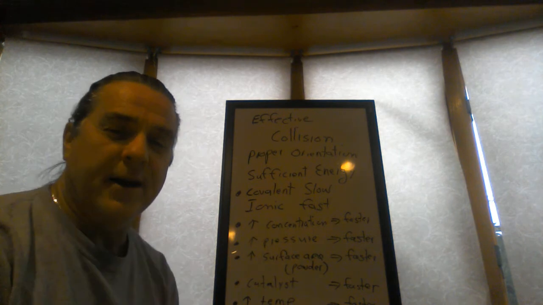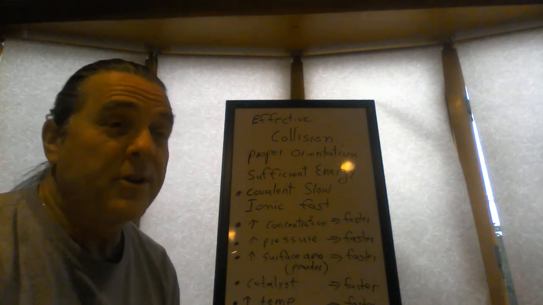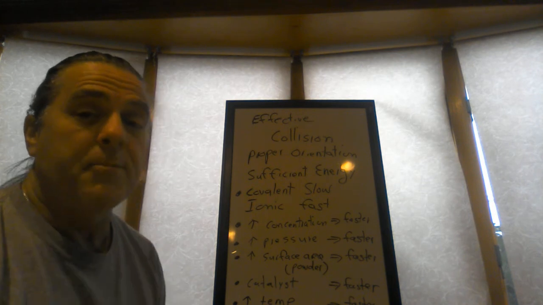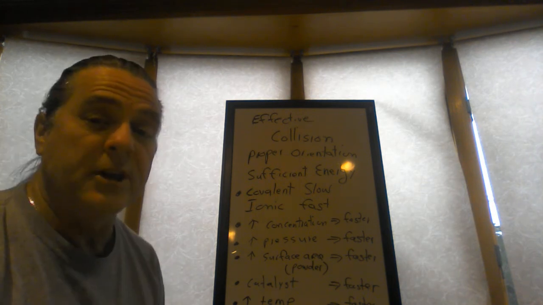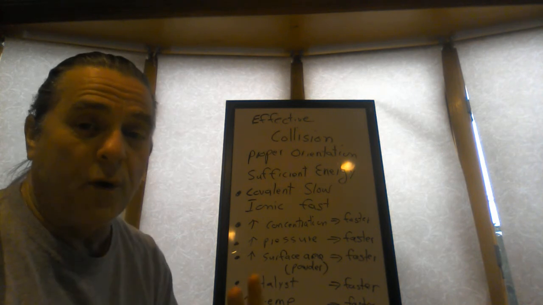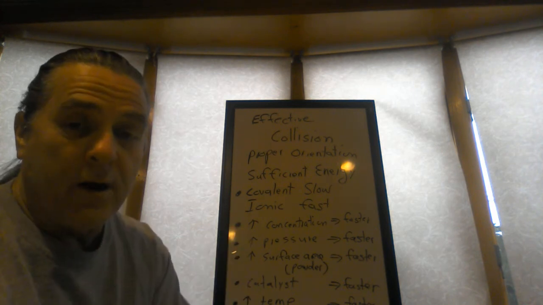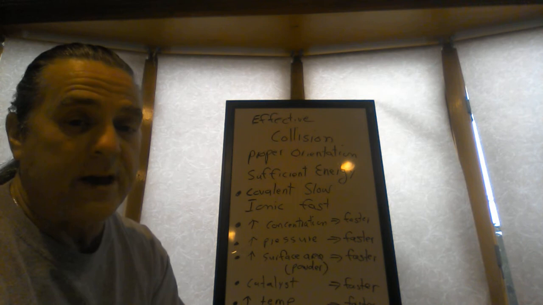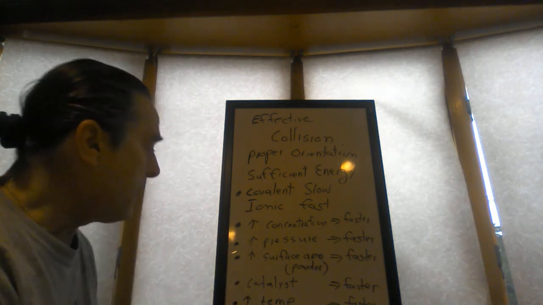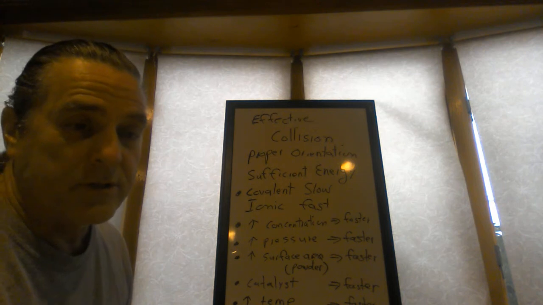Very good. So when particles are moving faster, they can collide more often. If they can collide more often, the probability of an effective collision increases. Not only that, there's a frequency factor. It's twofold. You have a greater number of collisions if they're moving faster. So with higher temperatures, you get harder and more frequent collisions.